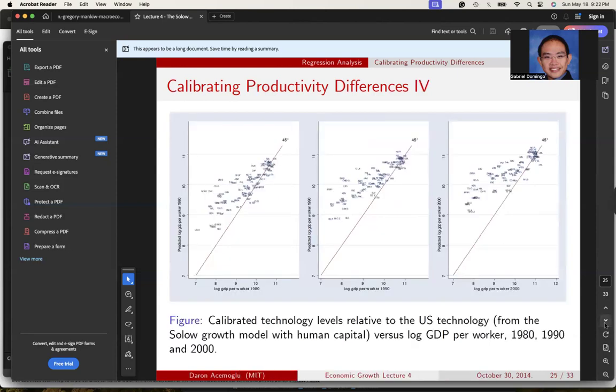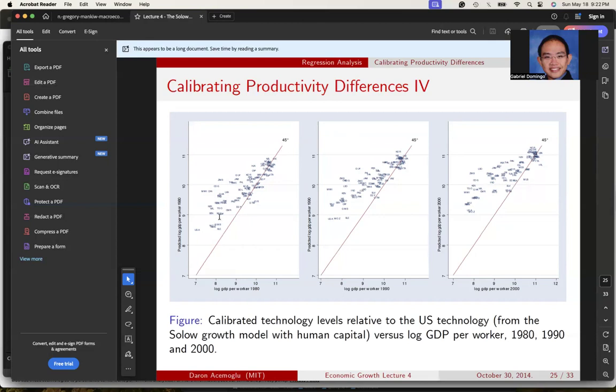And basically, this is what's happening, right? What this is saying here, guys, is look at this, this is the 45-degree line, that red line here. This is predicted log GDP per worker, right? Predicted log GDP per worker.